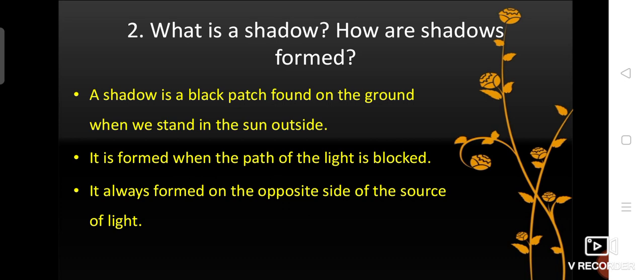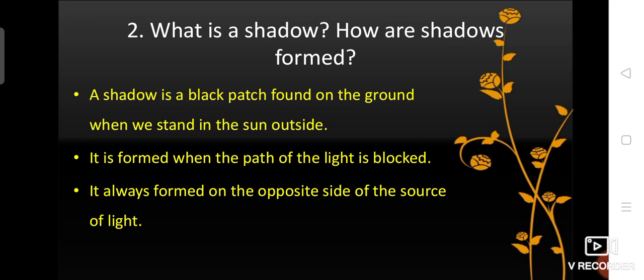We are standing in an open area and the sun is available, so we will get the sunlight. And we are all what? Opaque objects, that is, we cannot pass the light, isn't it? So when the sunlight falls on us, what happens?